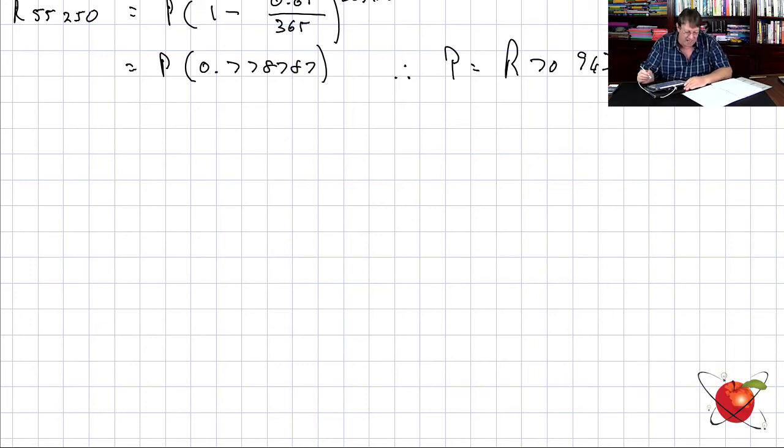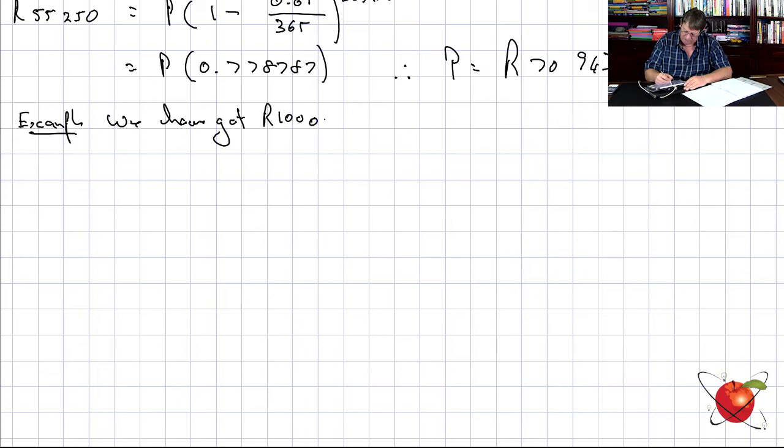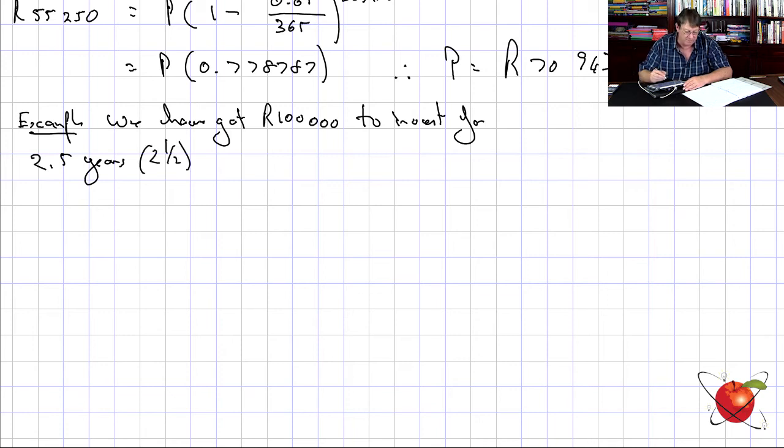Example: we have got 100,000 to invest for 2.5 years, at 10% per annum, compounded semi-annually.